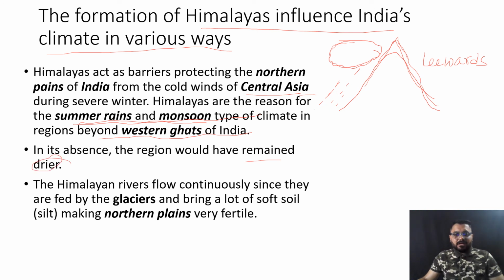Okay, so Himalayan rivers also flow continuously. We already spoke about perennial rivers. What are perennial rivers, children? Perennial rivers are the rivers that flow continuously. They are not seasonal rivers. As the continuous process of ice accumulation and melting happens in the Himalayas, the rivers keep on flowing throughout the year.